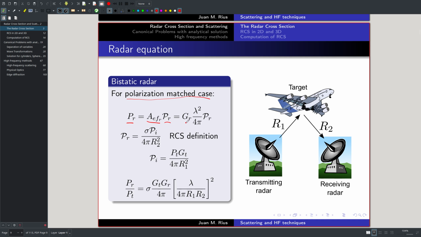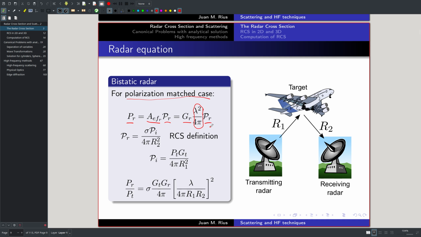The effective area of the receiving antenna, you know that it is the directivity of that antenna times lambda square over 4 pi, but if we account for losses, we replace the directivity by the gain, so it is the gain of the receiving antenna times lambda square over 4 pi. This is the effective area, and to compute the received power, we have to multiply by the received power density.